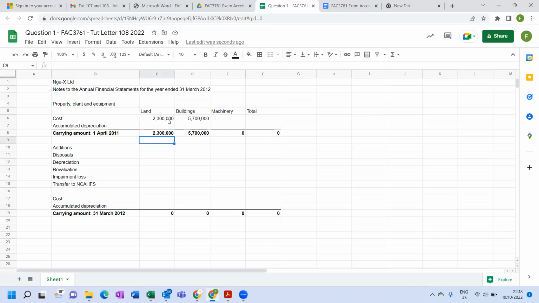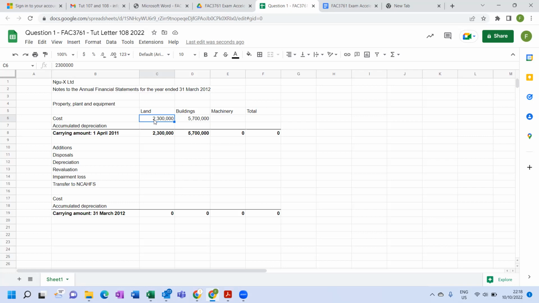Remember, these are the cost prices. But when it comes to land, only land is at a revalued amount. So we need to look at whether at this date land was already revalued or not. If land was not yet revalued by 1 April 2011, then we use the cost price. But if land was revalued by 1 April 2011, then we need to use the revalued amount.